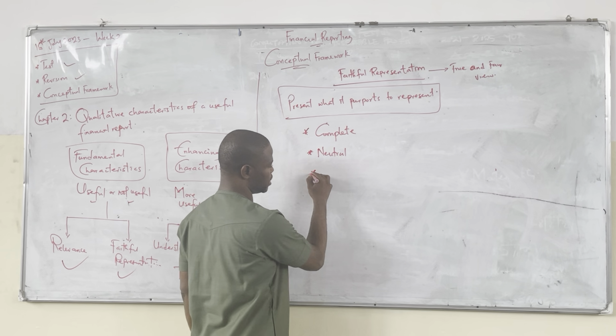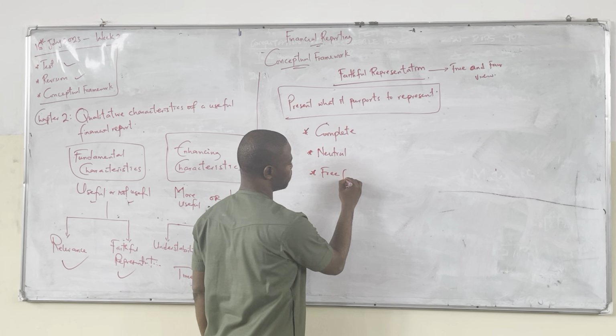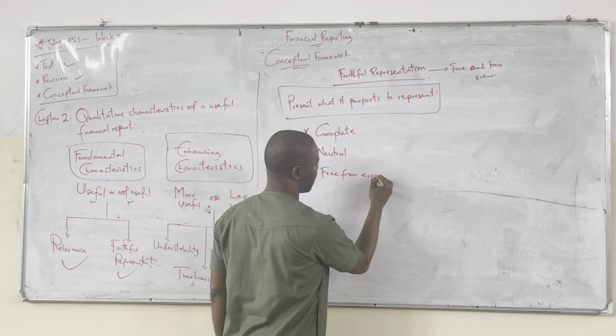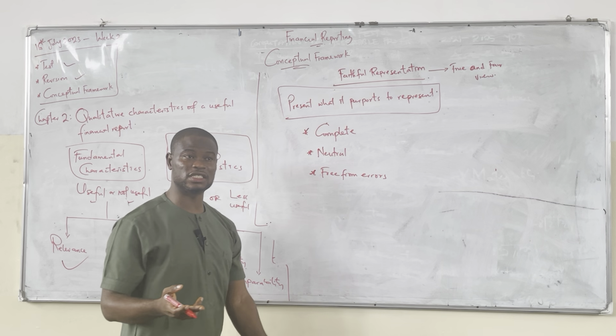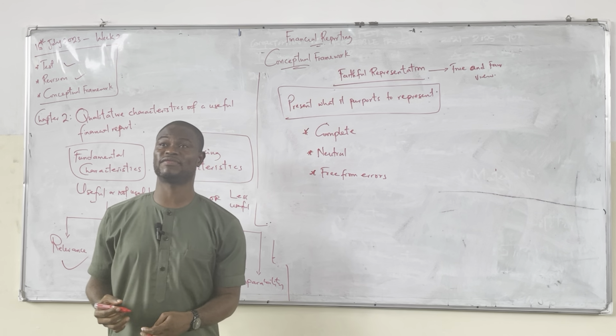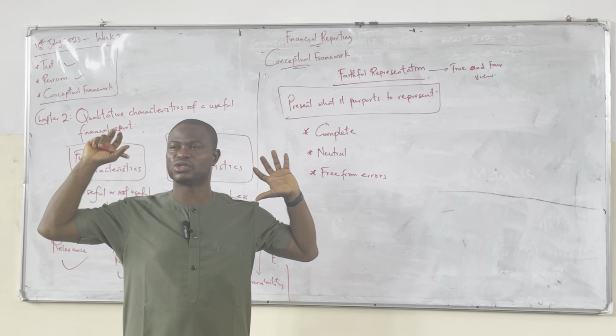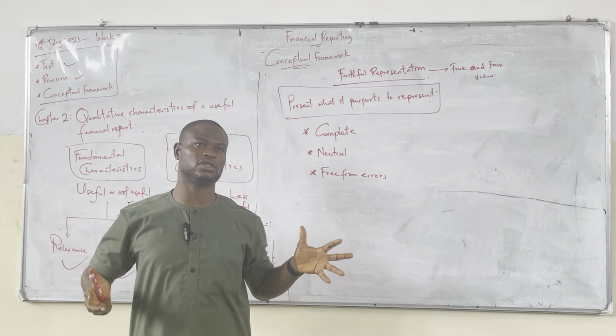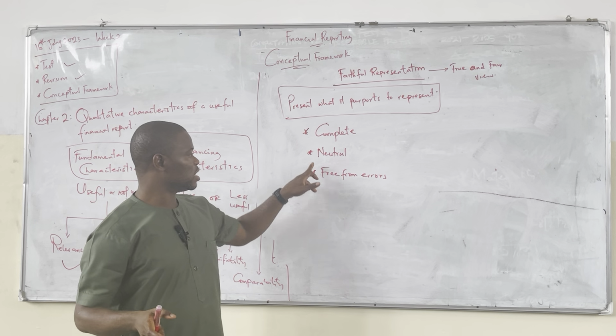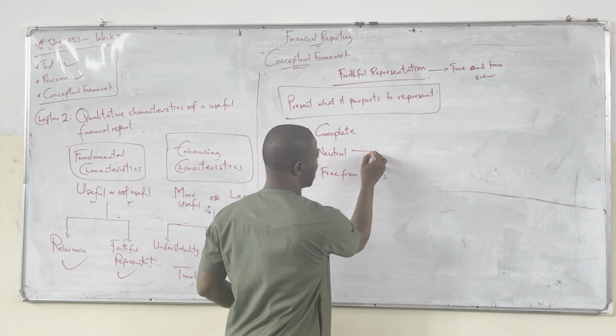And three, it must be free from error. And you know what complete is? This is simply saying that all relevant information, all relevant description, must be provided. Neutral is that it is not to be biased.